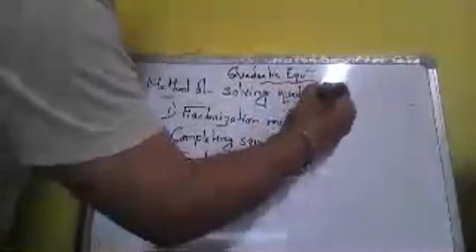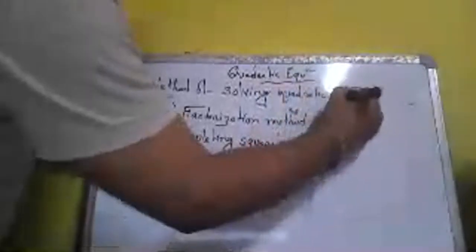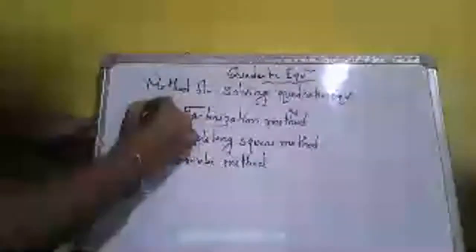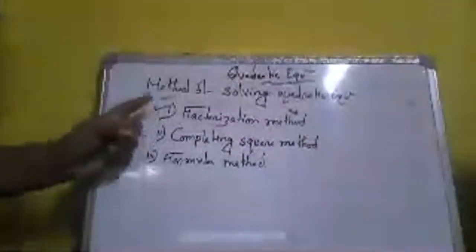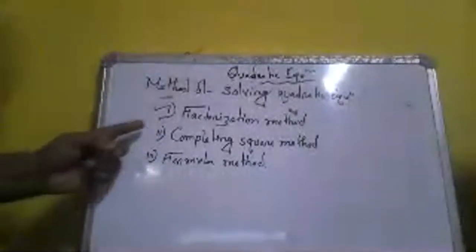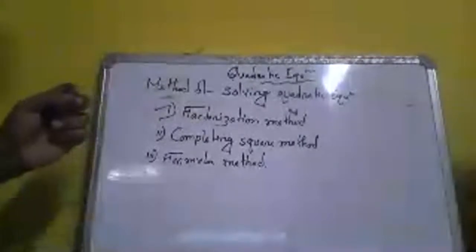Method of solving quadratic equations. The first is the factorization method. In this method, you solve the quadratic equation by using the middle term factors.